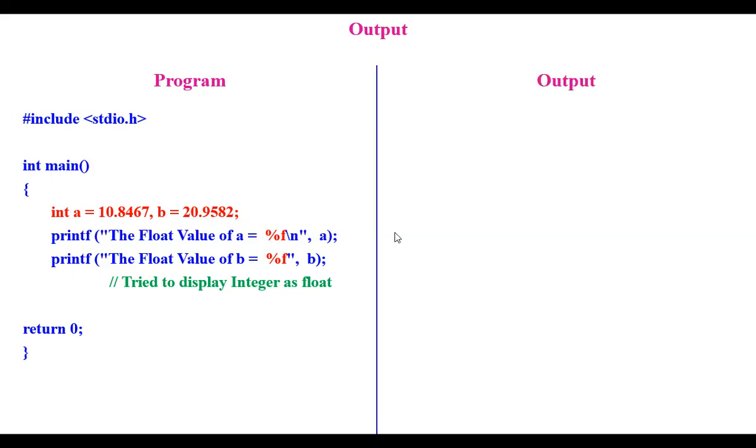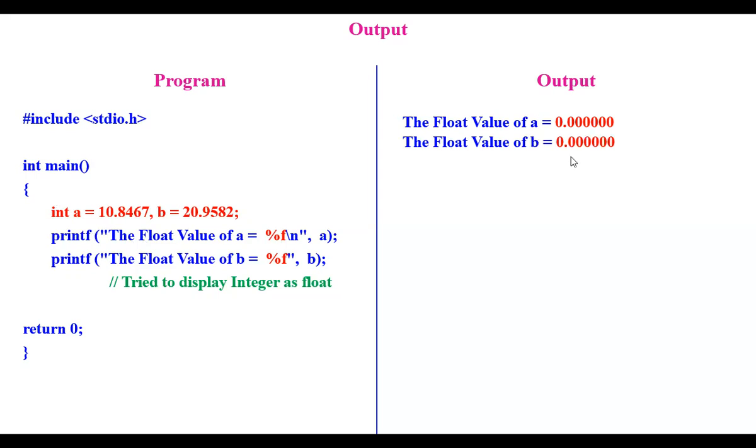If you see the output, the float value of a is equal to 0.000. Oh God, what happened? Why did it happen? Because we declared this as an integer and I'm showing it as a float, it has displayed a junk value.